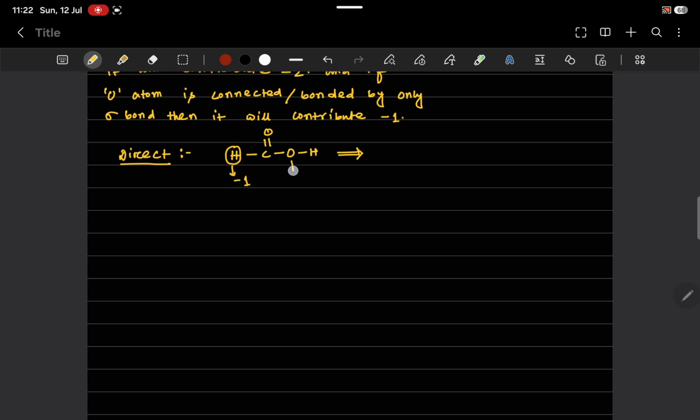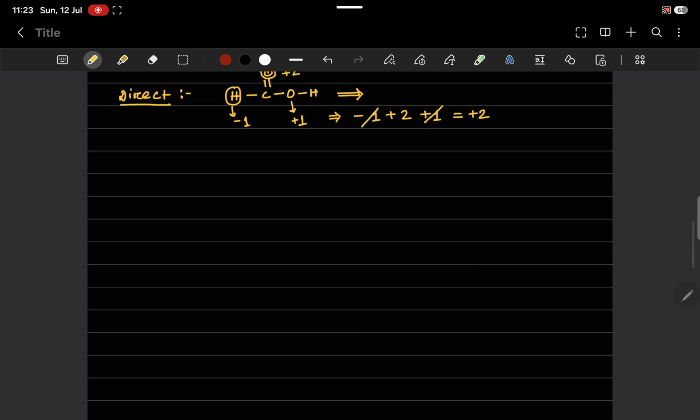For this oxygen it should be +1, and for this oxygen it should be +2. So in total, -1 +2 +1. Then +1 and -1 will cancel, and we will get +2. I think this part is over.